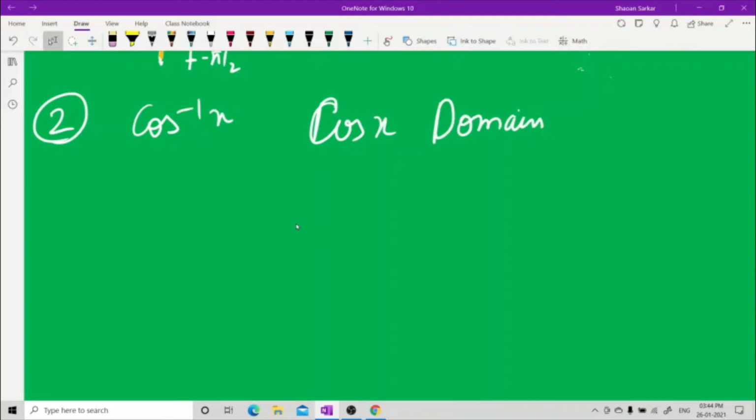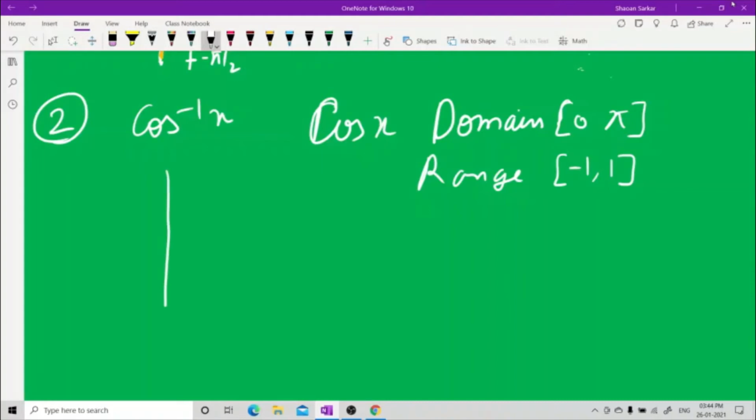Cos x domain was completely R. Now I will take only 0 to pi, and in this case my range is -1 to 1. Now for cos x, let's draw the graph.